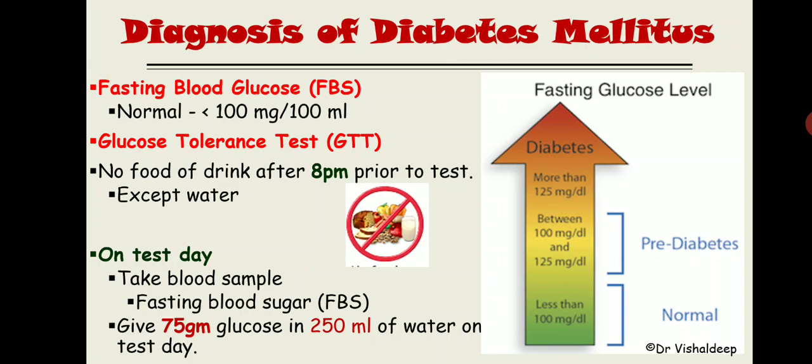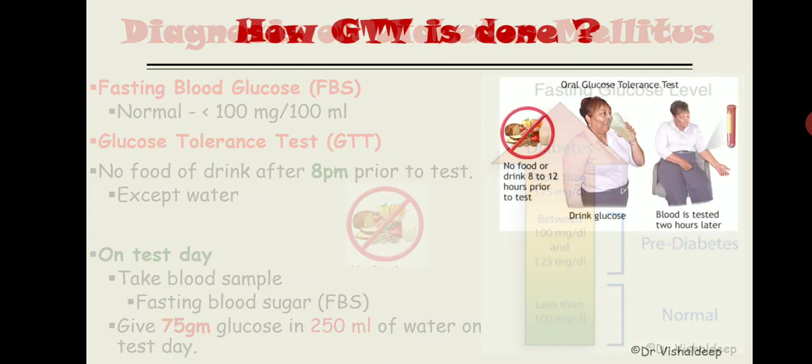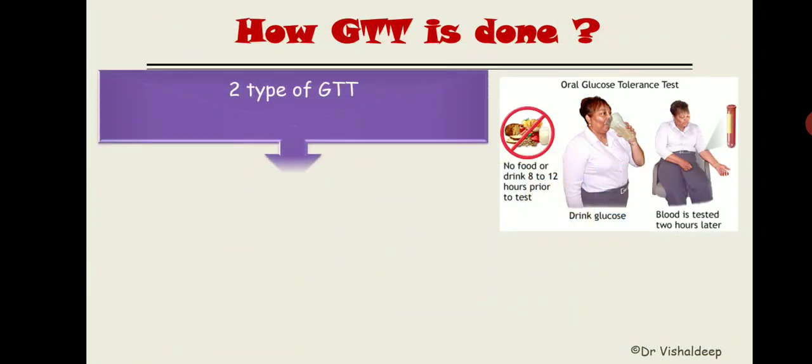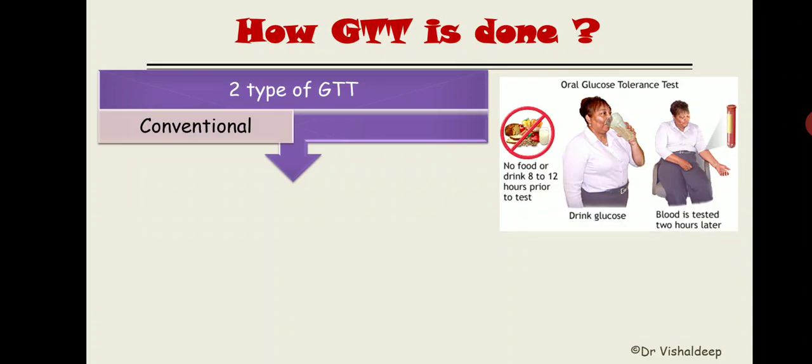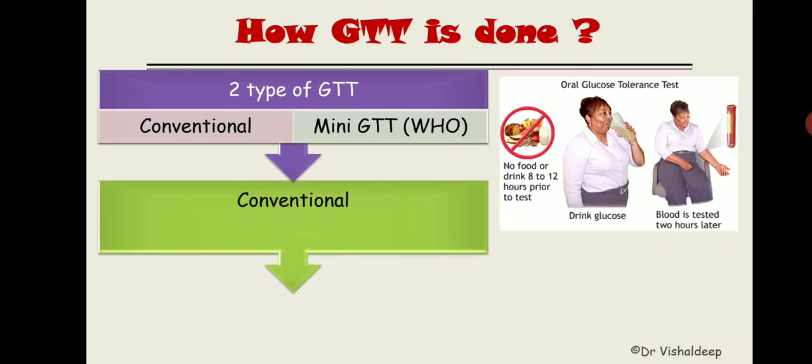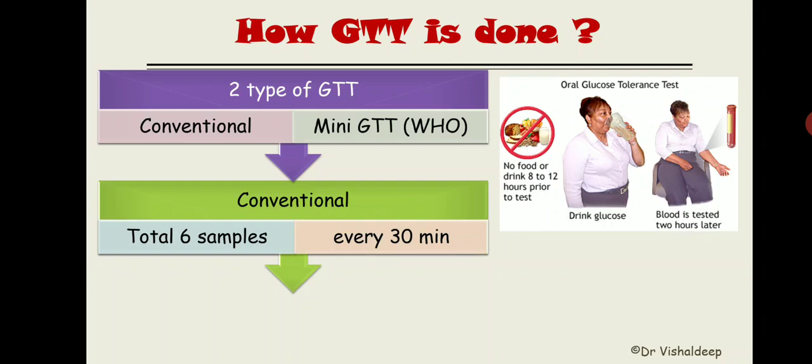After giving the glucose, there are two types of GTT. One is the conventional method, another one is the mini GTT, given by WHO. Now what do we have to perform in conventional GTT? In conventional glucose tolerance test, we have to take a total of 6 samples, one every 30 minutes.